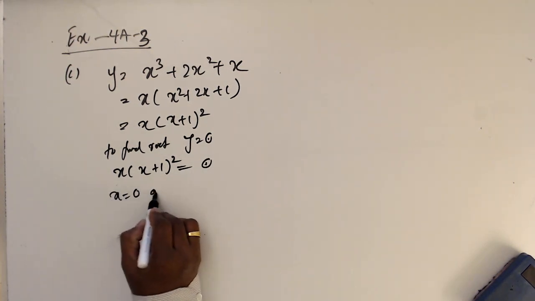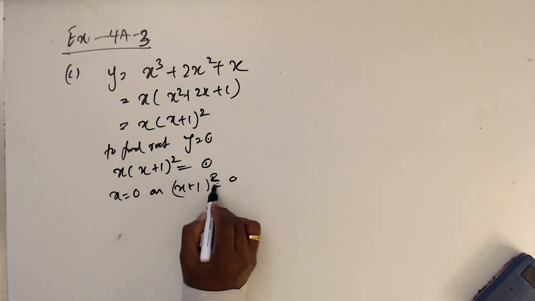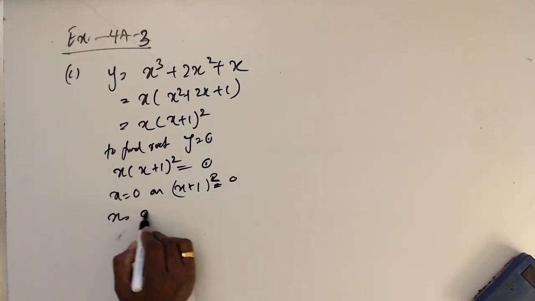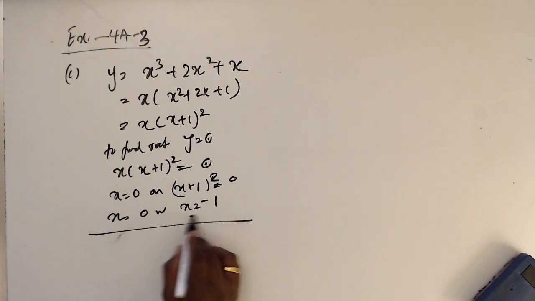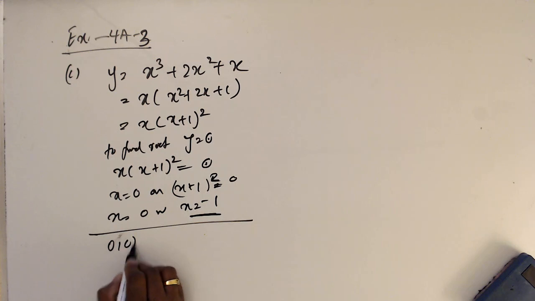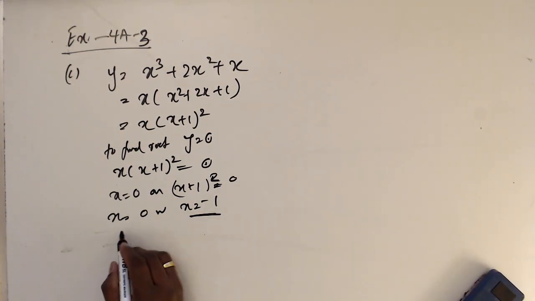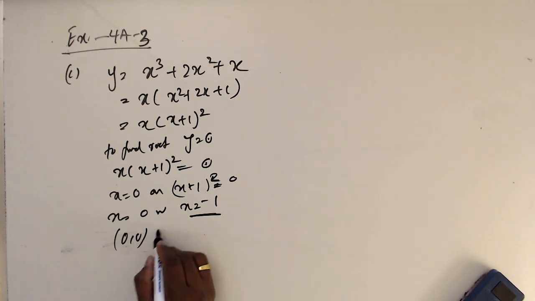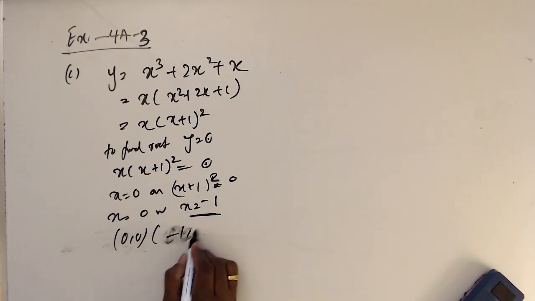So x equals 0 or x plus 1 squared equals 0. This is x equals 0 or x equals minus 1. So this is a repeated root: 0, 0 and minus 1, 0.